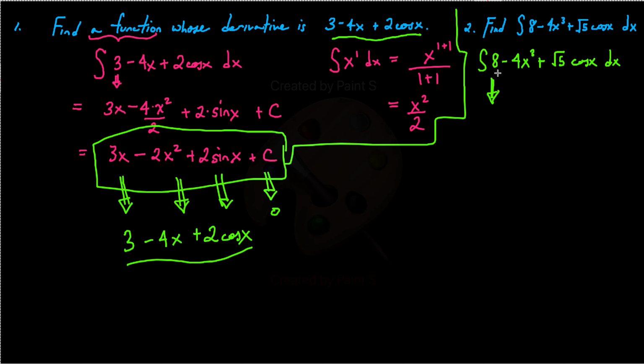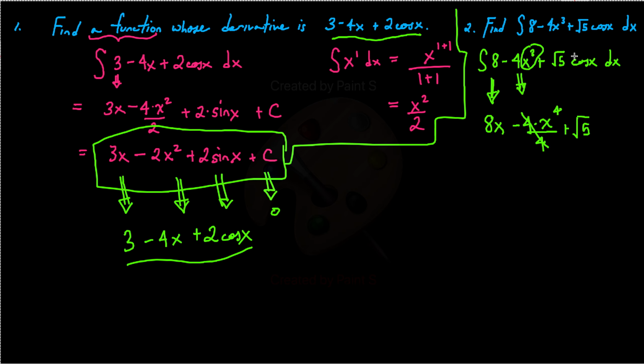So the antiderivative of 8 is just 8x. The antiderivative of negative 4x cubed: well, that's negative 4 times the antiderivative of x cubed, which is x to the 4th. I increase the exponent by 1 and then divide by that same value. And these 4's will indeed cancel. Plus the square root of 5, that's just some constant.